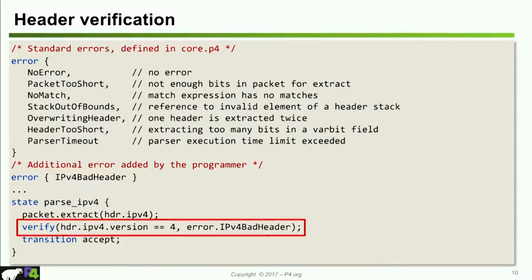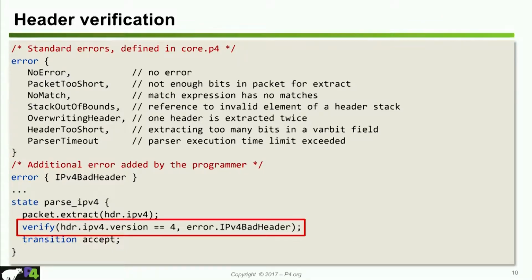So for example, let's say that when you parse an IPv4 header, you want to check if the version number inside the header is actually correct or not. The way you can do that is to use the verify statement, and that takes two arguments. The first argument is a Boolean expression that is going to be evaluated on the packet that you've just parsed.